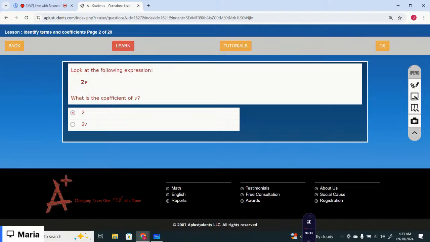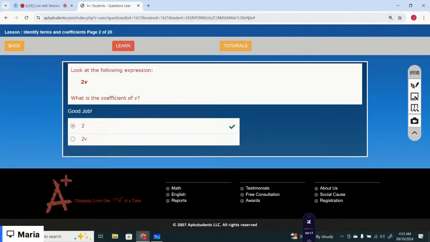That is 2. Option 1 is the correct option.